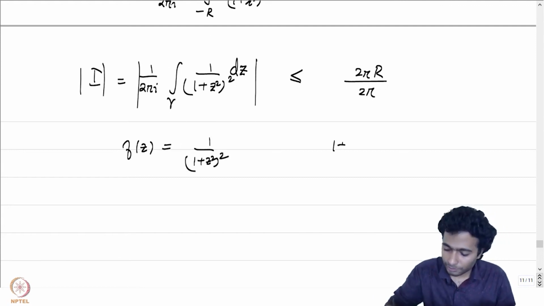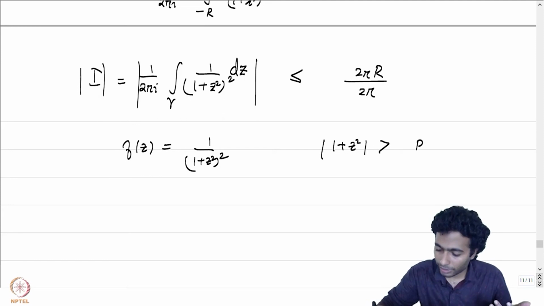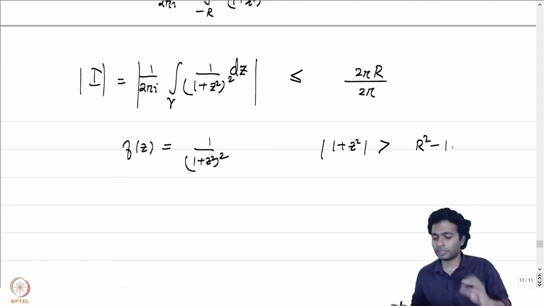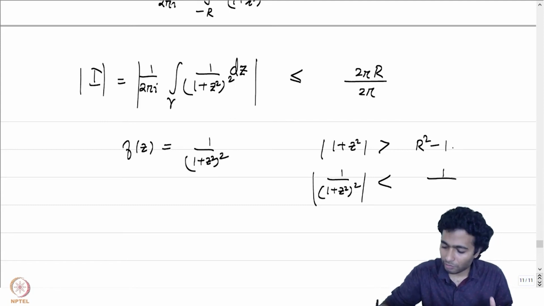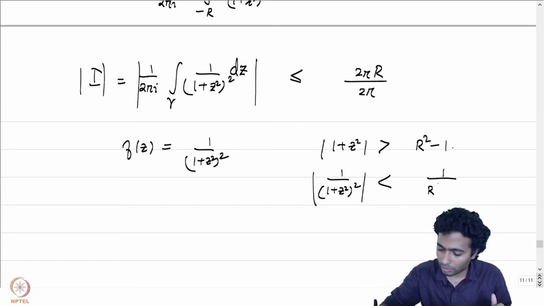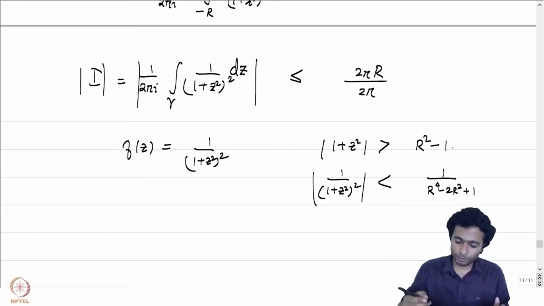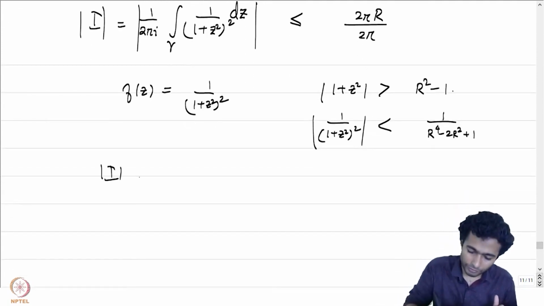Now, the absolute value of 1 plus z square is greater than r square minus 1 by the triangle inequality, and therefore the absolute value of 1 by (1 plus z square) the whole square is less than 1 by (r square minus 1) the whole square, which is r to the power 4 minus 2r square plus 1.